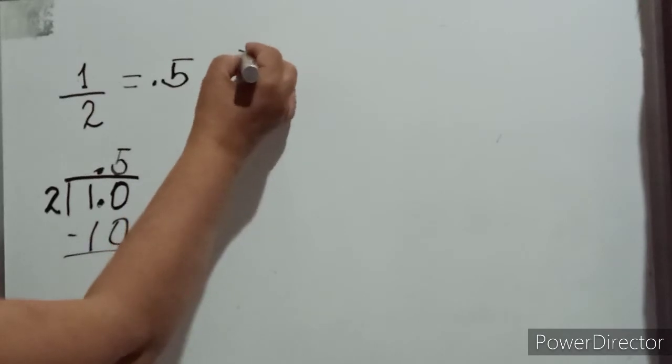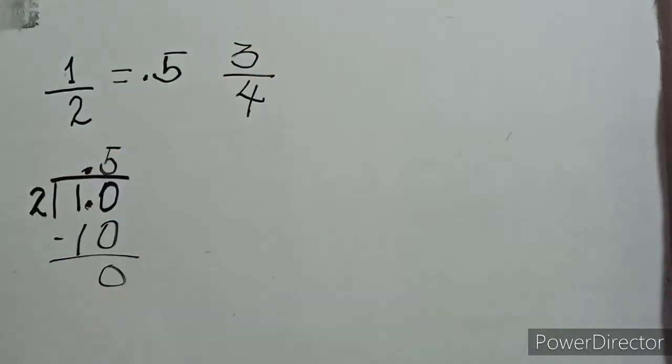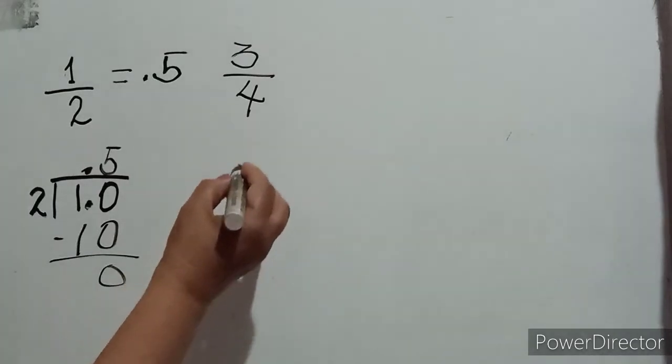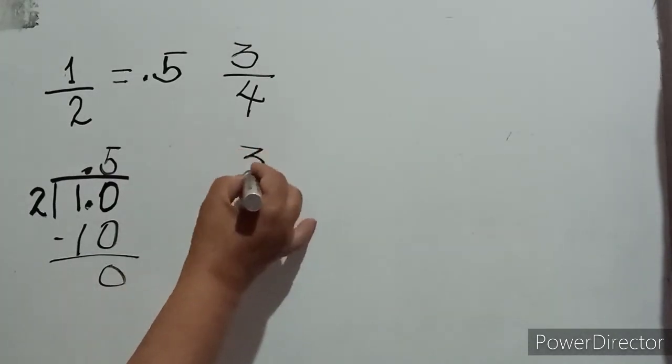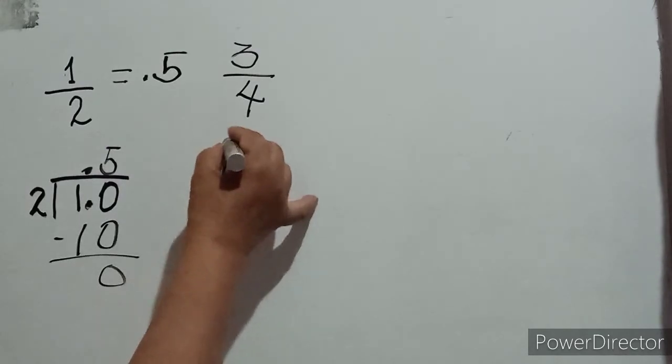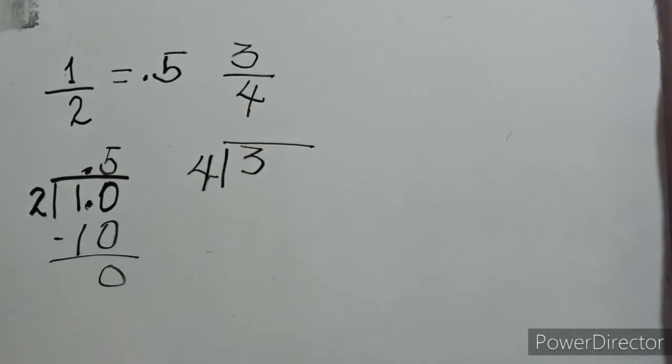Let us say 3 all over 4. So what shall we do with 3/4? Just like the first example, we did say that you are going to divide the numerator by the denominator 4. So of course, 4 does not go into 3.